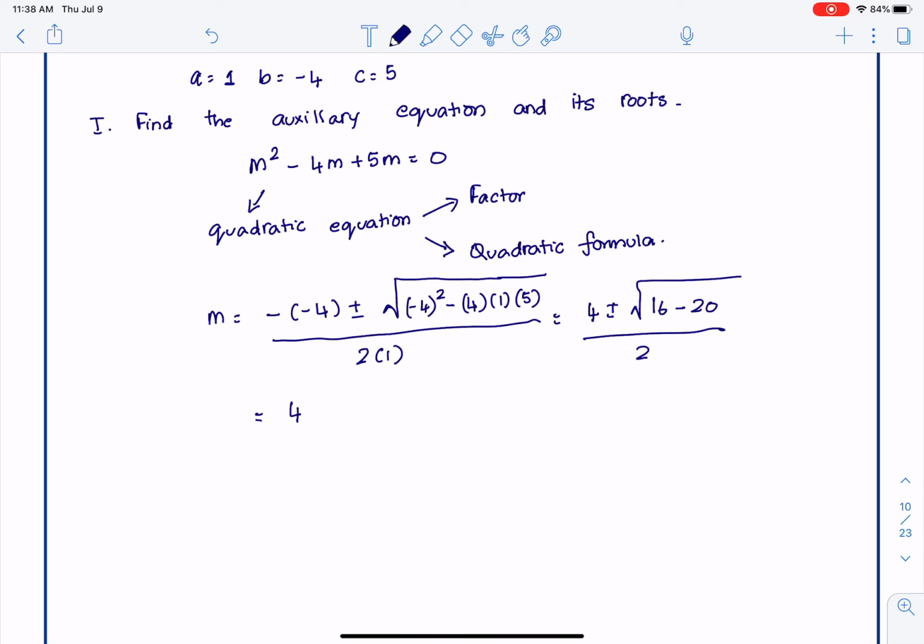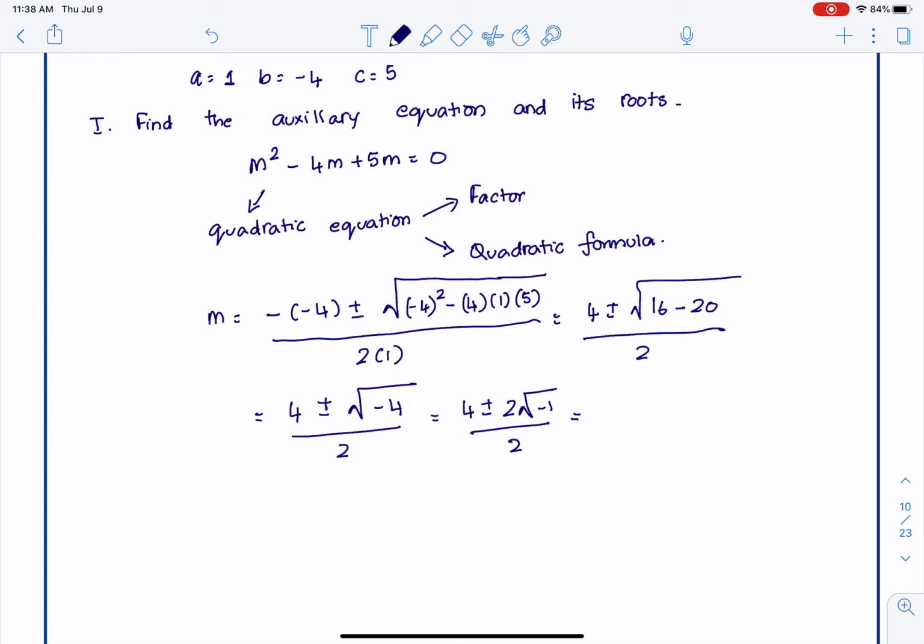So we have 4 plus or minus square root of negative 4 divided by 2. If I pull the 4 out of the root, I'd have 2 square root of negative 1 over 2.